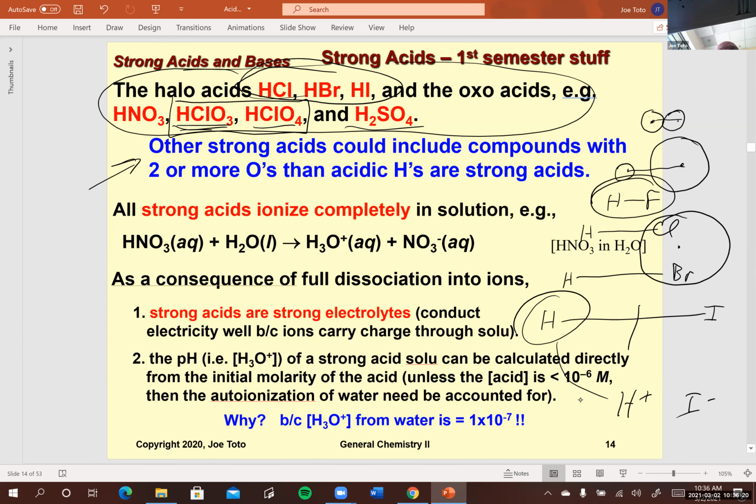So ate goes to ic acid, so it's chloric acid. One more oxygen is perchloric acid. Okay, so those two.